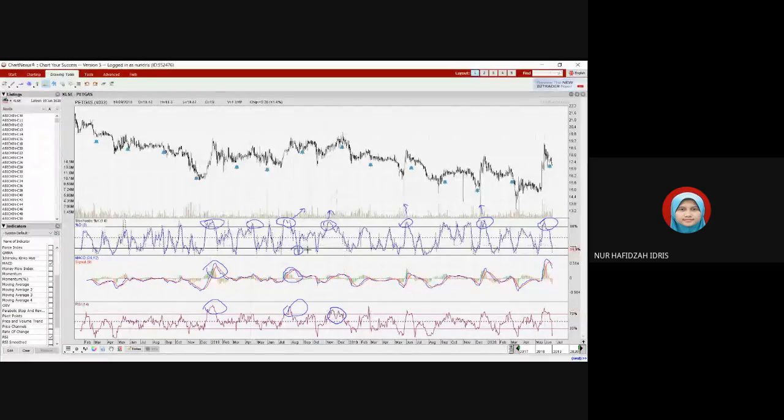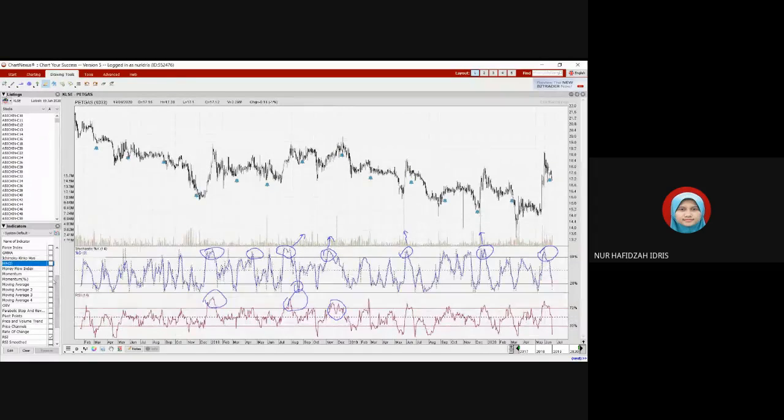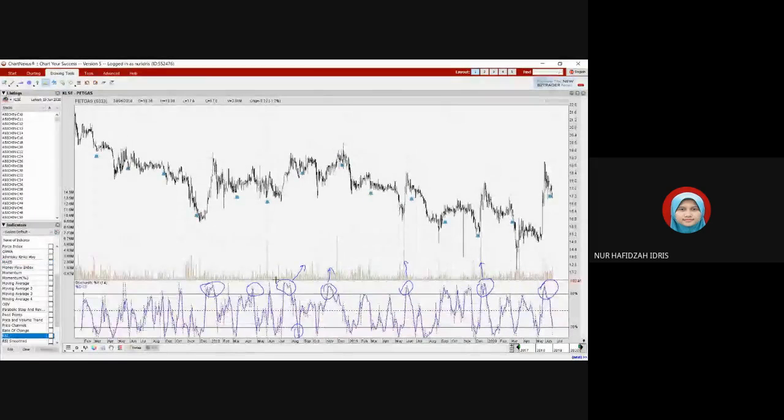Okay, so tapi okay, sekarang ni kita tengok. Yang bawah ni, that line 20% yang bawah ini adalah kita punya buying signal. So number one, untuk stochastic, kita nak identify overbought and oversold.